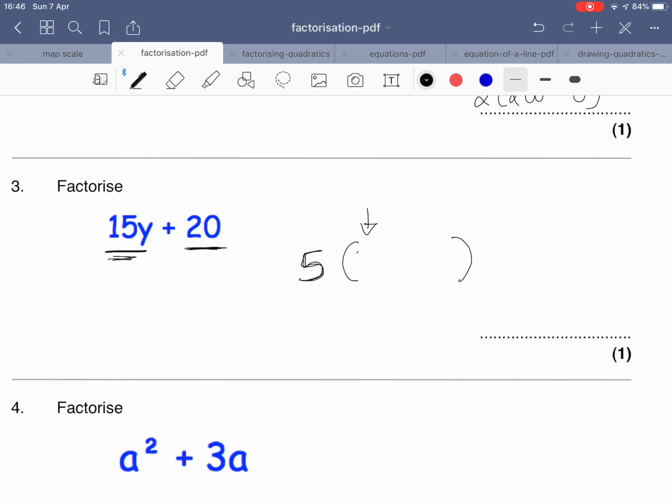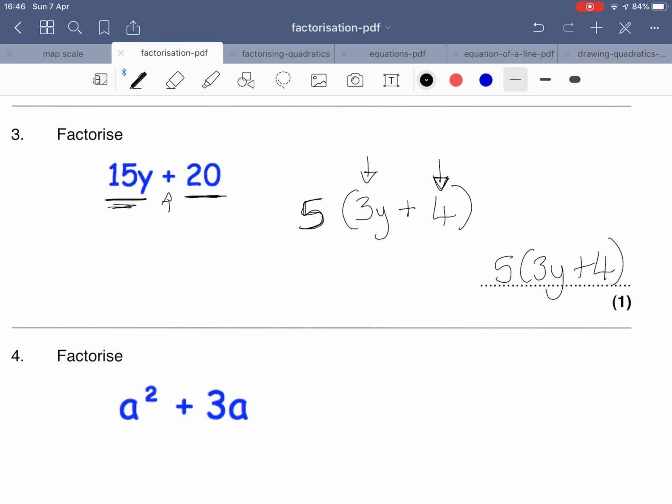So I know 5 times 3 is 15, and I also need the y. Because there's a plus, I'm going to put plus, and then 5 times this blank space is 20. So I do my 5 times table until I get 20, which is 4. So my answer is 5, 3y plus 4. So it's all about what numbers go into it, and it's doing the reverse of expanding.